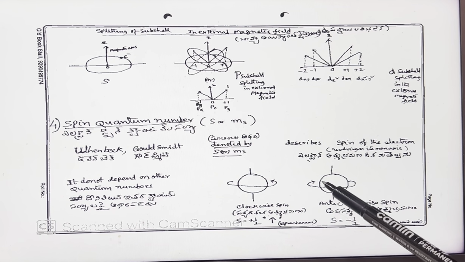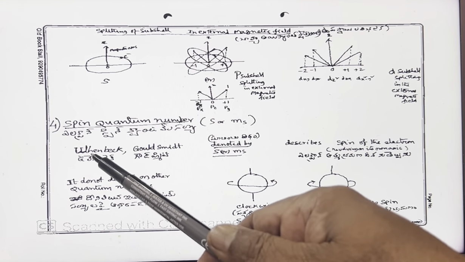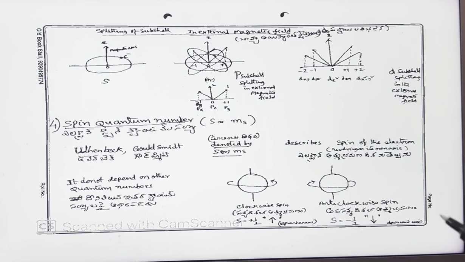And if it is anti-clockwise spin, then the S value is taken as minus half, denoted by a downward arrow. These were proposed by Uhlenbeck and Goudsmit.